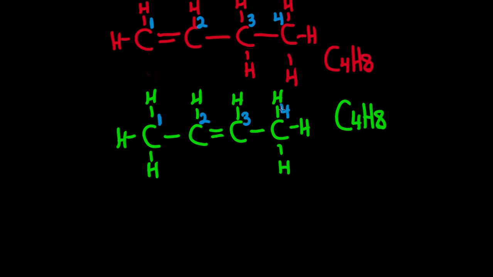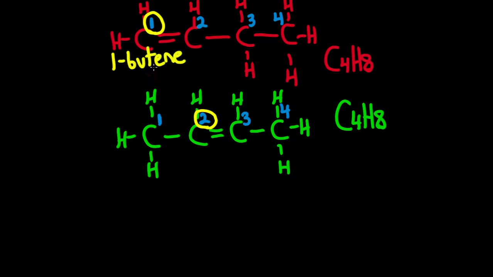Okay, so to name these, we're going to find the smallest numbered carbon that contains a double bond. So for this top one, it's going to be 1. Okay, that's the smallest number. Between 1 and 2, 1 is less than 2. And with this one, we have 2 and 3. Because 2 is smaller than 3, we're going to circle this. So for the first molecule, we're going to call it 1-butene.